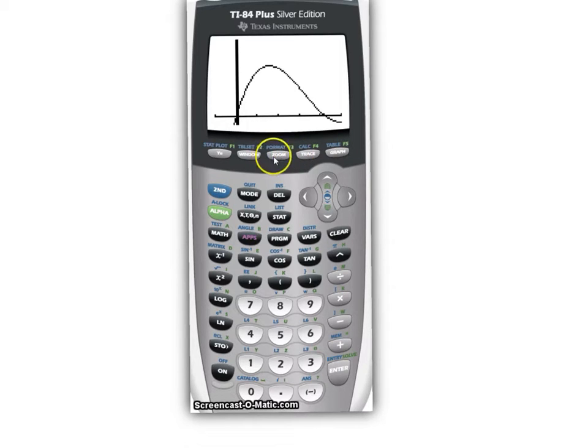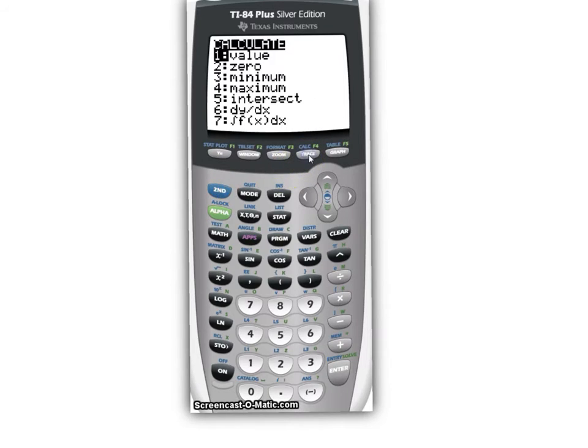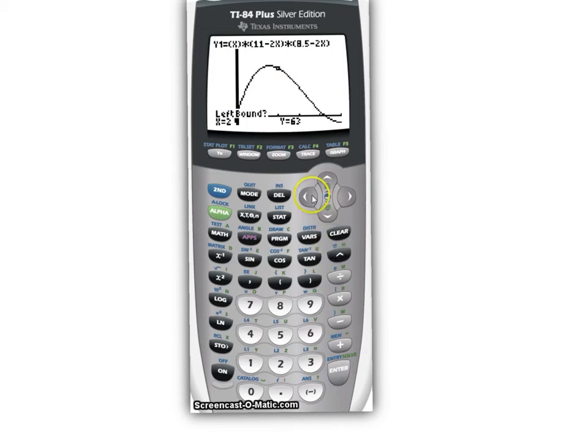We can approximate the maximum value using the second calc key and choosing maximum. We then must use arrow keys to set a left and a right bound around our maximum value of interest, and then it asks us to enter some guess.